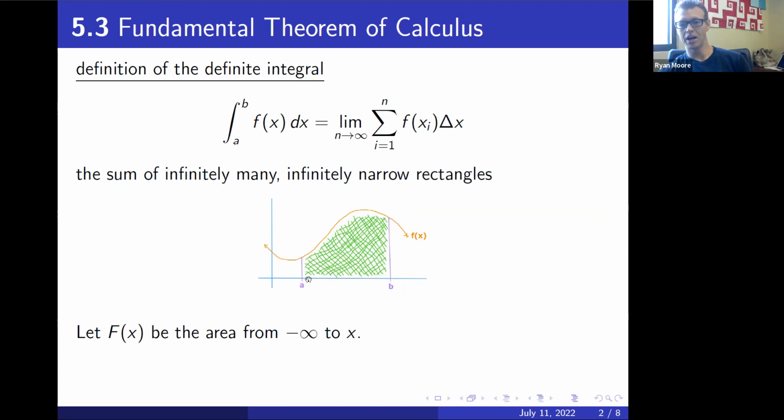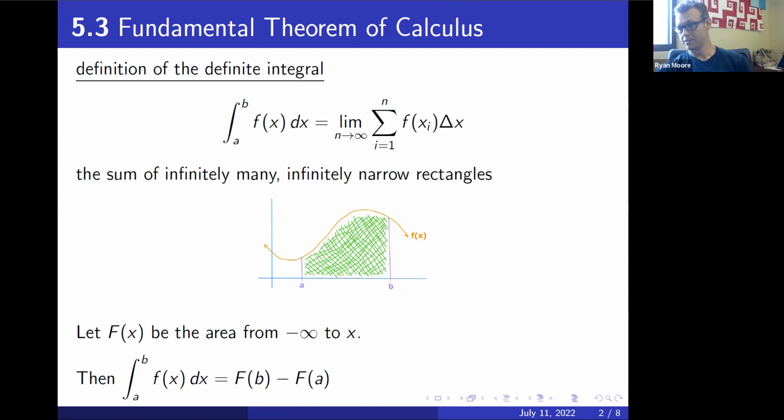All of that area up until our x value, whatever we decide that is. So if we say an x value, that means find all of the infinite area up to that x value. Well, what would that imply about the area that is graphed here in green?